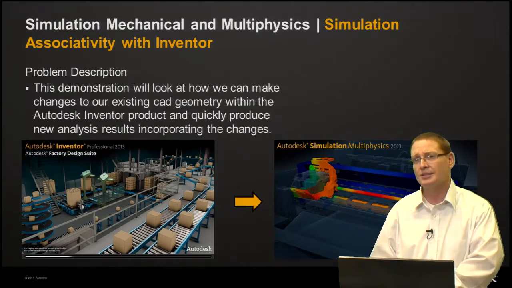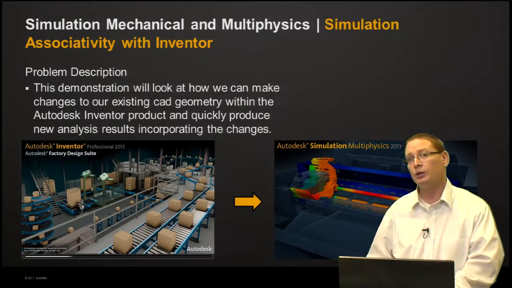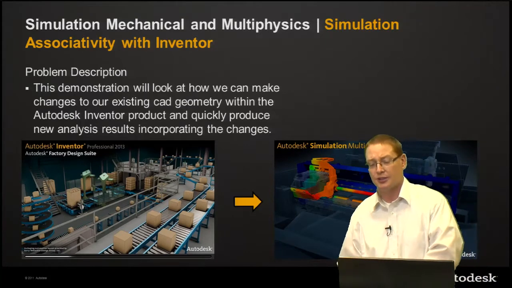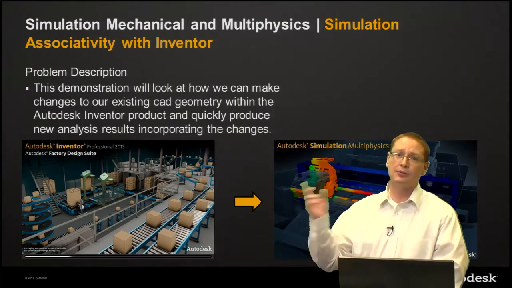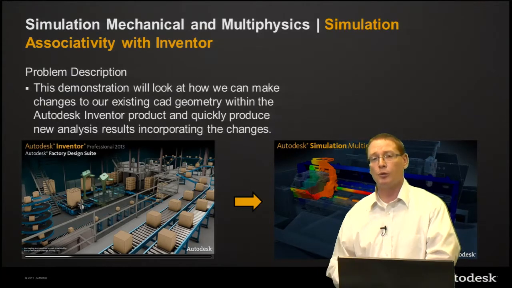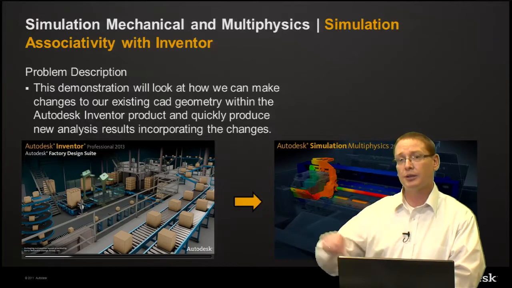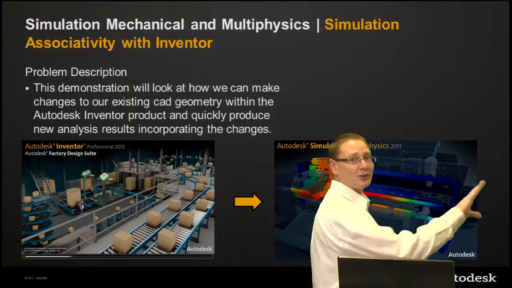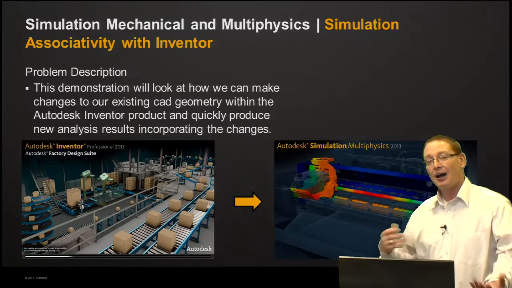What we're going to take a look at today is the fundamentals or the basics, where we're really looking at one direction associativity. I don't necessarily want to change my finite element model and have that adversely affect my CAD model. What we're looking at is, as we make changes to that CAD model and push it back into the simulation, how do I then execute the new analysis?